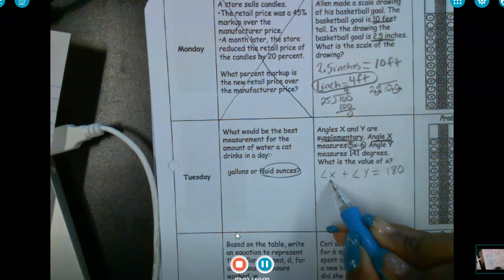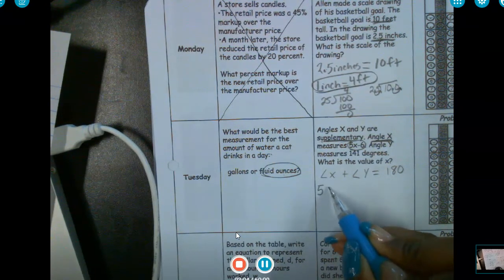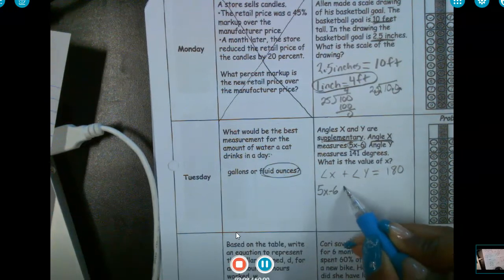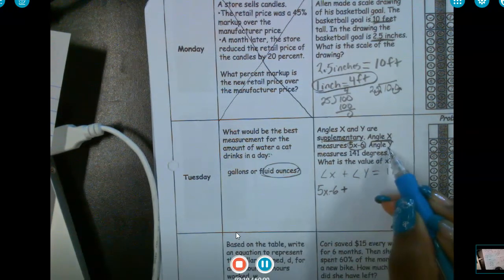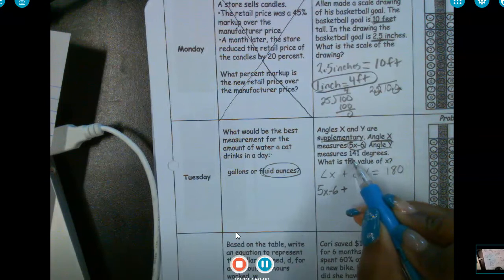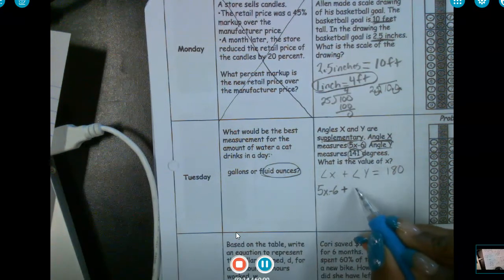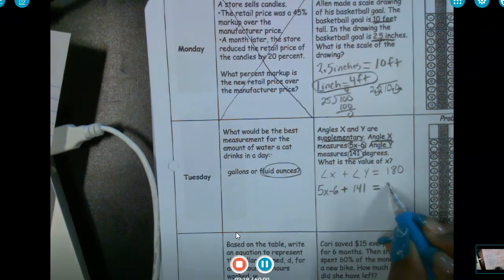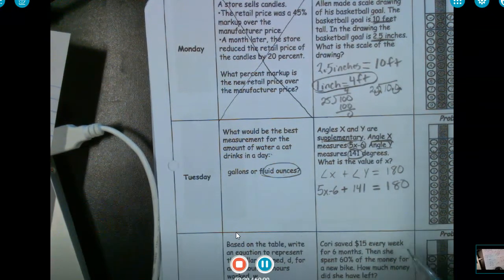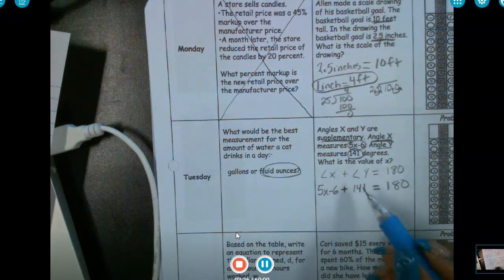So we're going to replace the measurement of angle X with 5x minus 6. Bring down the plus sign. And we're going to replace the angle Y with 141.